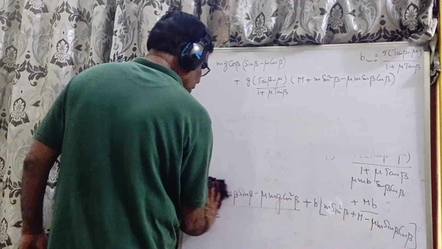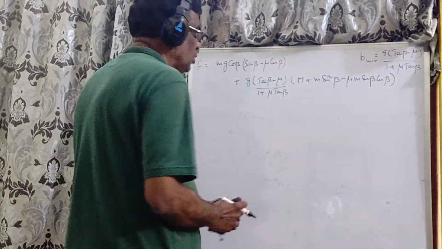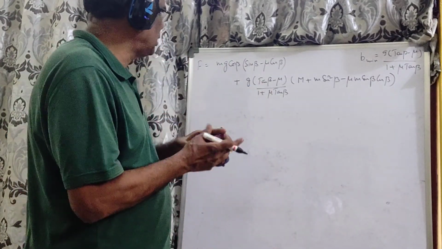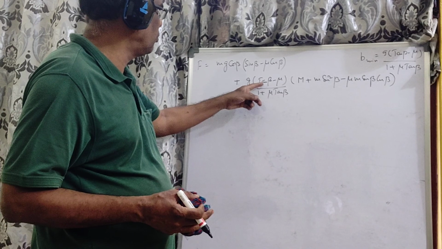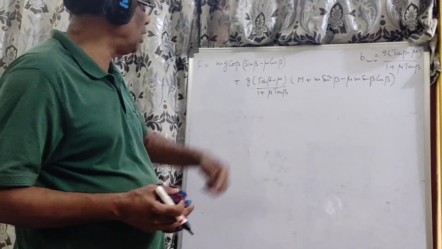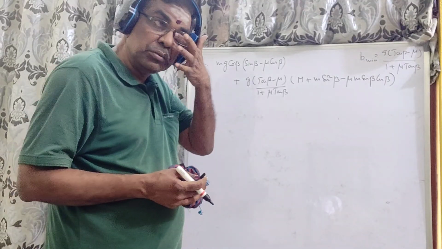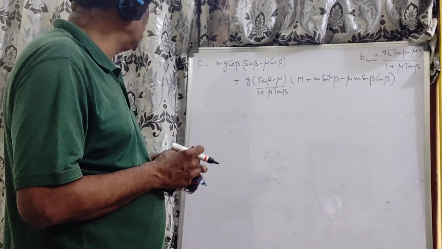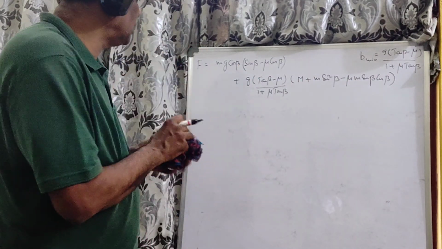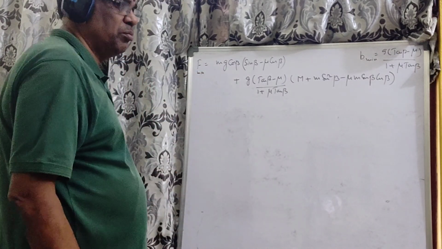You have to simplify this. I'm only giving it for the sake of completeness. You can still write this in terms of your sin beta minus mu cos beta as before and still work on the whole thing, and you can write a simplified relation as this, we call it as F minimum.